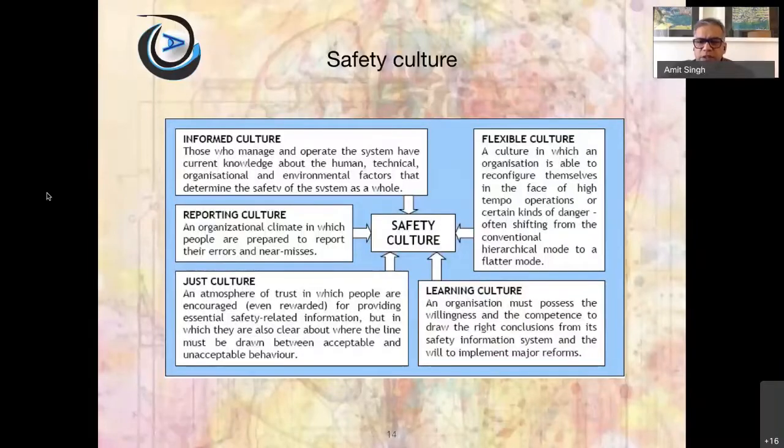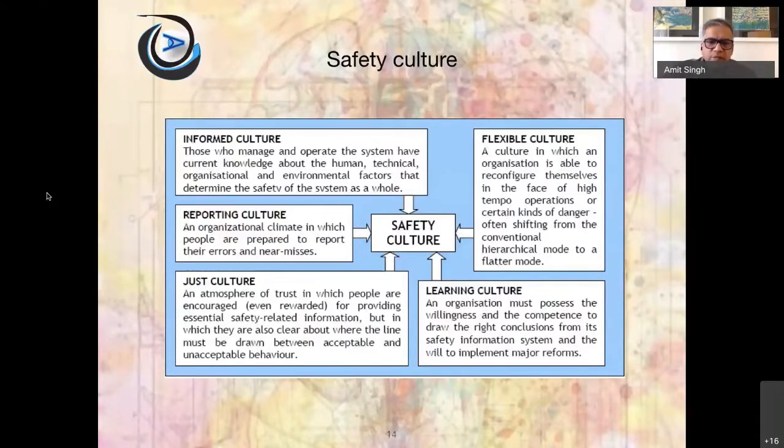Learning culture must possess the willingness and the competence to draw the right conclusions from the safety information. You have information coming in from various sources, reactive, proactive, incident reports, anonymous reports. Everything should come in and be analyzed, and people should learn from it so as to prevent accidents.